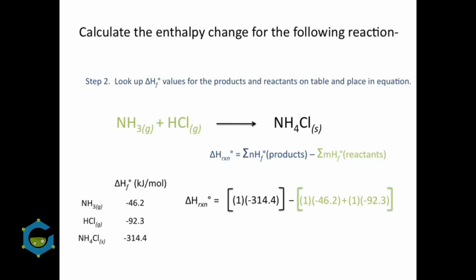We then take the sum of the values for the products multiplied by their coefficients and subtract the sum of the values for the reactants multiplied by their coefficients, and come up with the delta H of reaction equal to negative 196 kilojoules per mole.